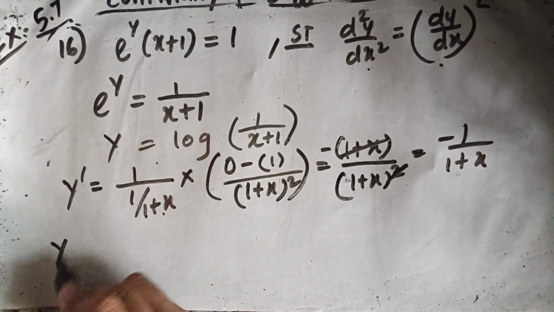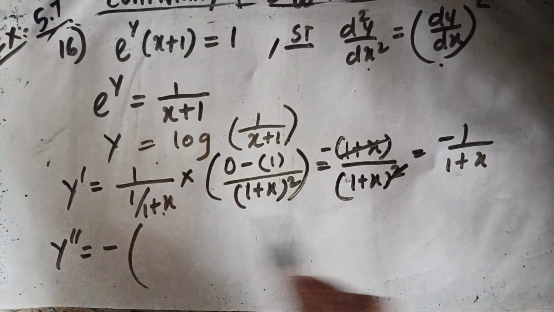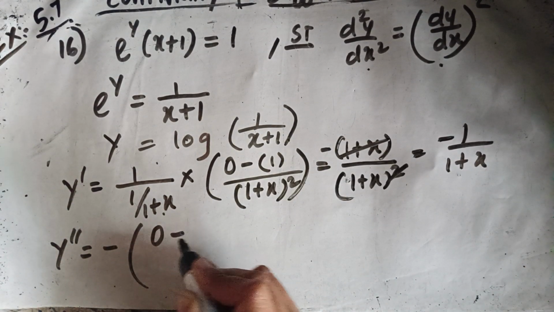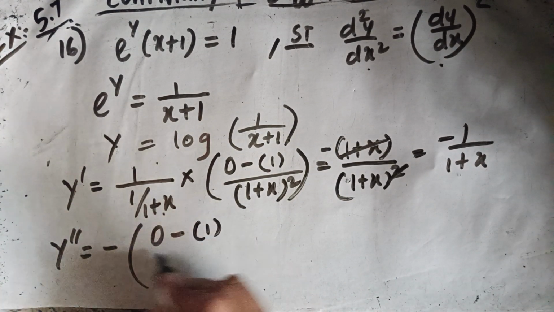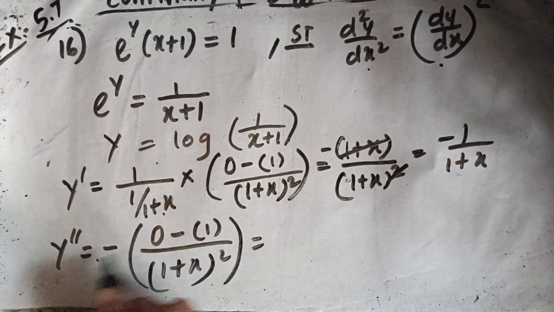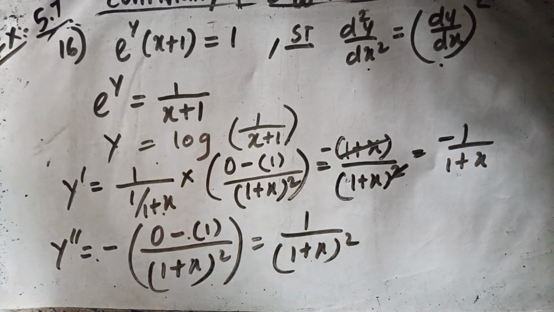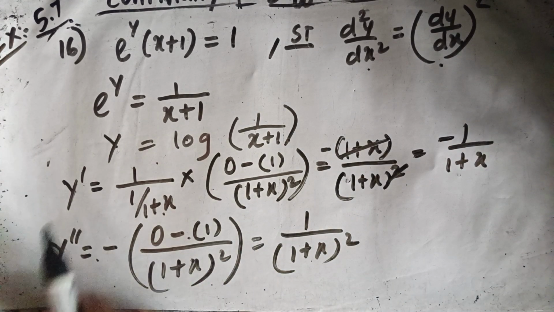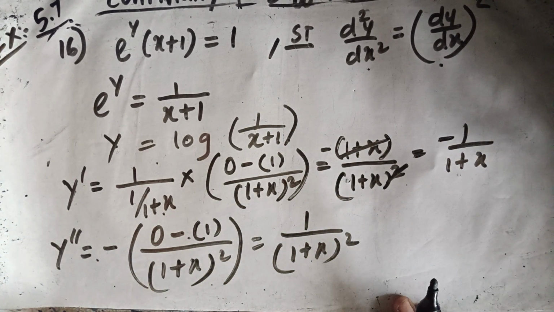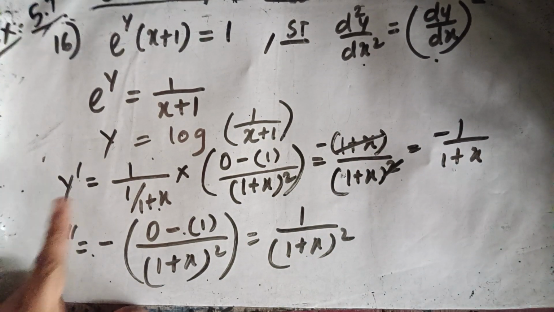Okay, y double dash minus you keep outside, taking u by v, so minus into minus plus. Okay, so if you multiply this twice, that is y dash into y dash. Okay, and write it here.